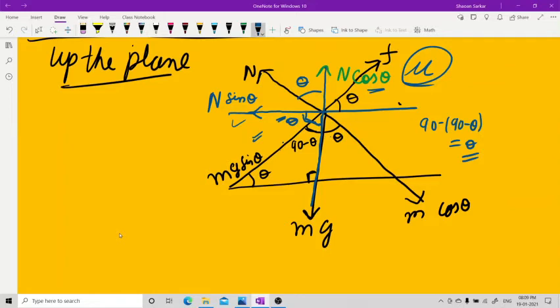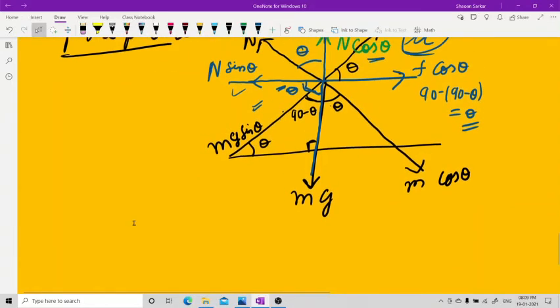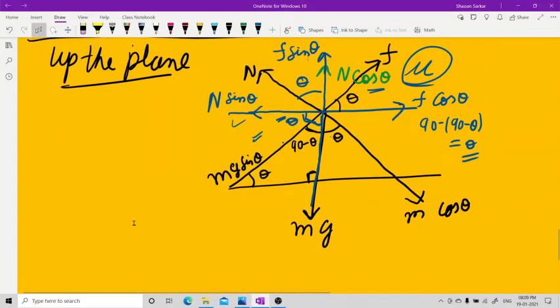Now extra will come: here it will be f cos theta, and here another one, f sine theta. This much change only will take place. Nothing else. The diagram and every relation between the angles remains the same. Now see how the equations are to be written very clearly.